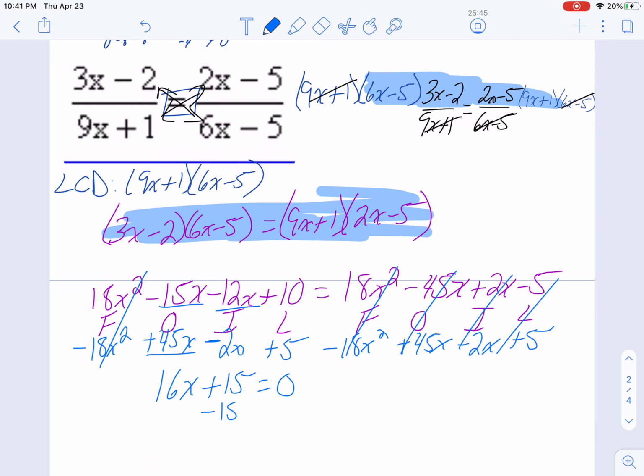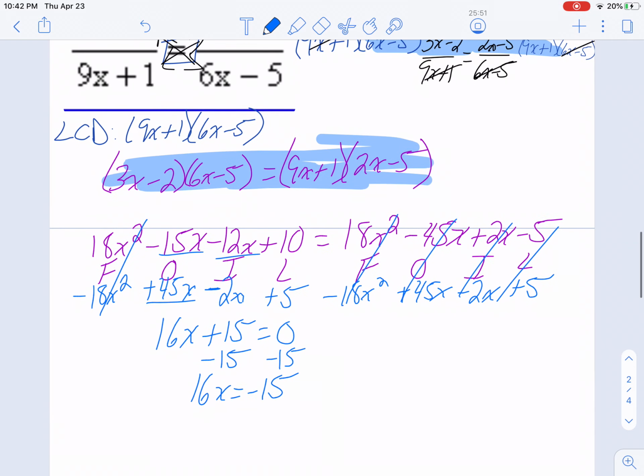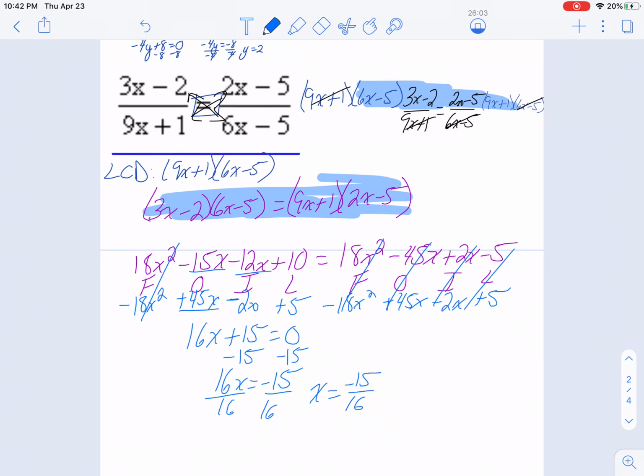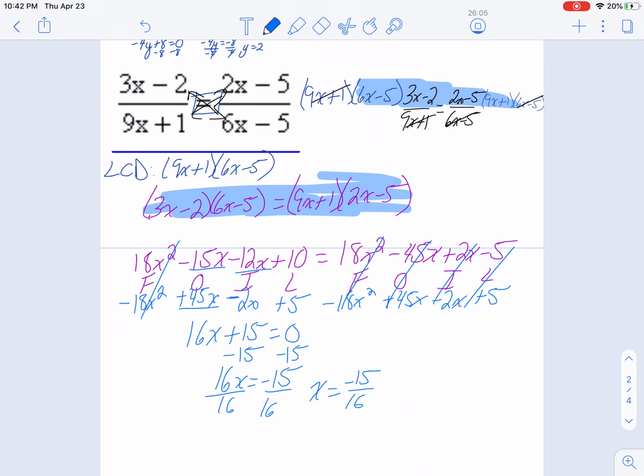And subtract the 15 over, I get 16x equals negative 15. Divide by 16 and I get x equals negative 15 over 16. So this would be a case where you get an answer that I would be a little bit concerned about because, like I said, most of the time you should get whole numbers.